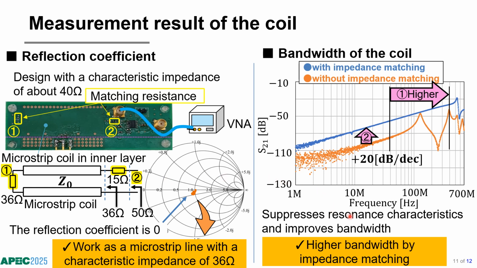So the resonance characteristic caused by the quarter wavelength of the coil length can be suppressed, and by impedance matching at point 2, power reflection can be suppressed, and the power is allowed to be transmitted without attenuation. So by impedance matching, we get a higher bandwidth.